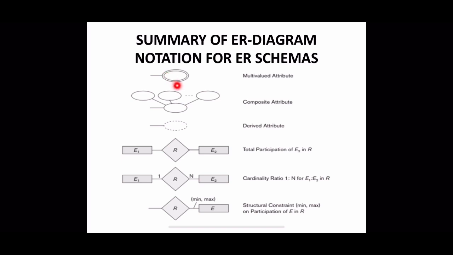Then a double lined oval shape for a multi-valued attribute, and an oval with different components connected together for a composite attribute. Then a dashed line oval shape for derived attributes.